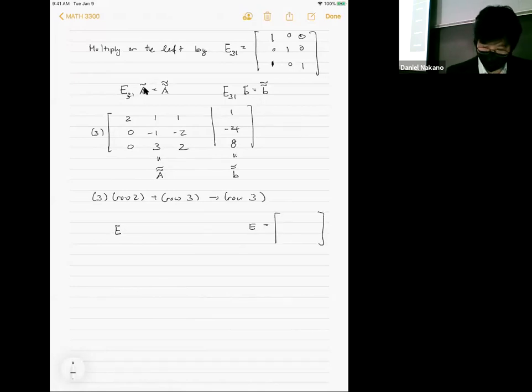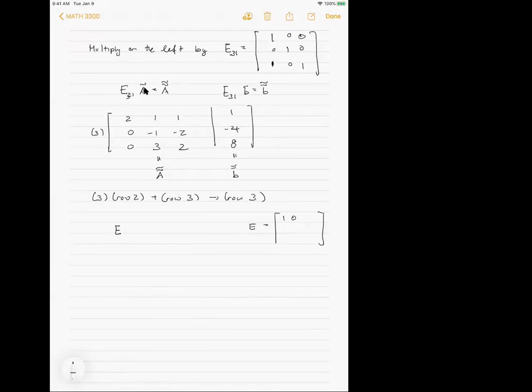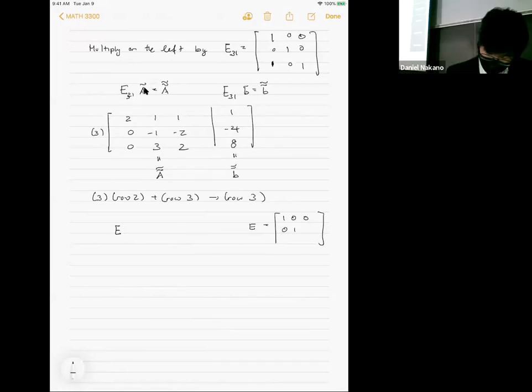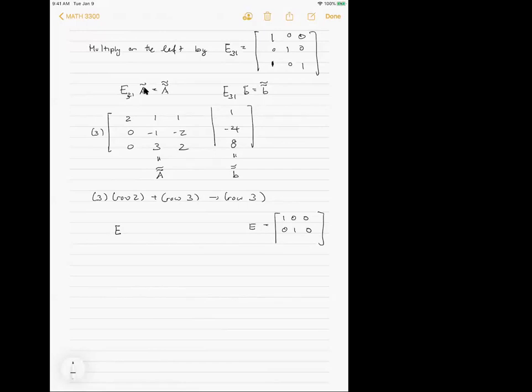So what do we want to do? We want to keep the first row the same, the second row the same, and then we want to take 3 times row 2 plus row 3. So what do you think the last row of this matrix should be? What should it look like? Anyone? 0, 3, 1. Good.